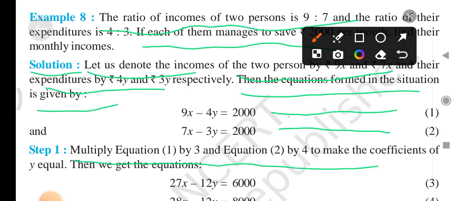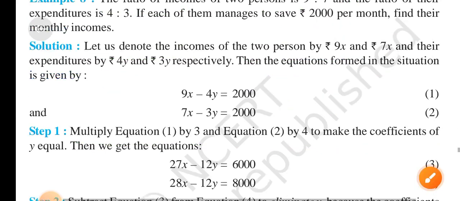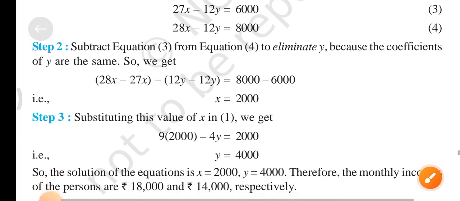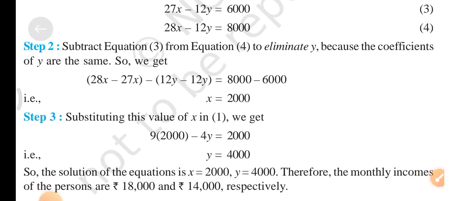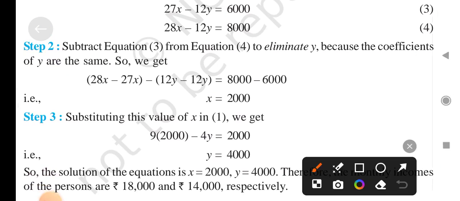Then we get the equations 27x minus 12y is equal to 6000, and 28x minus 12y is equal to 8000.